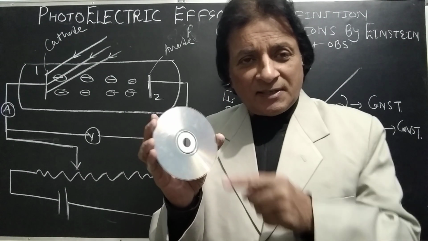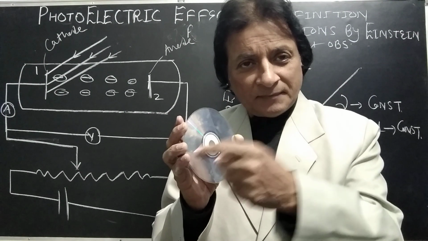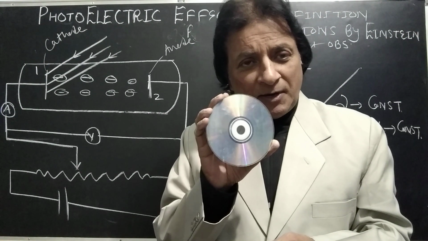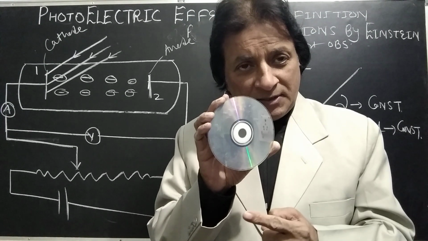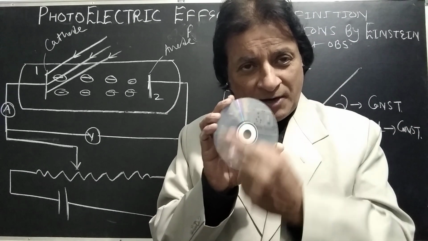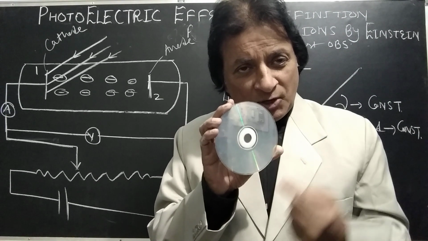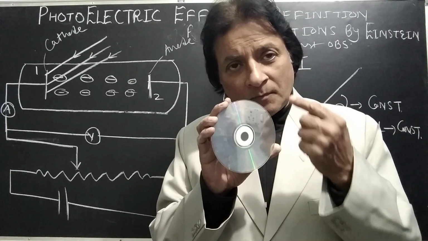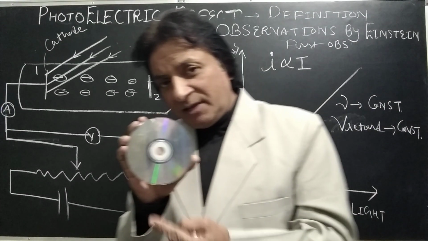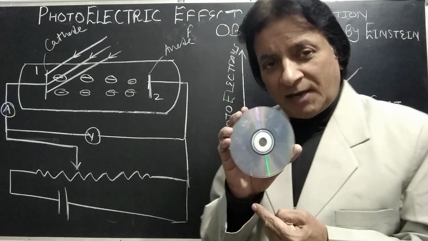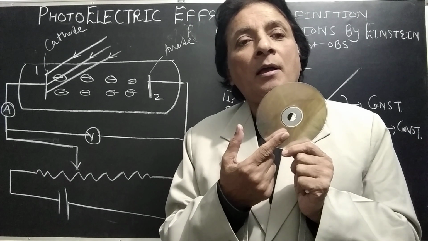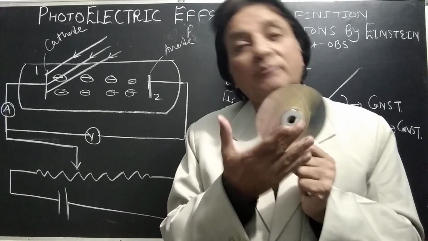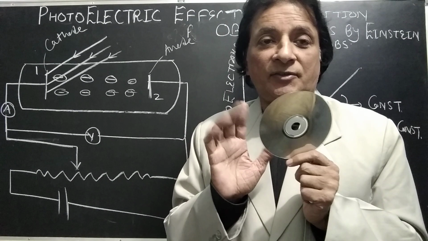If the CD is held perpendicular, the light energy received per unit area, per unit time, when the area is held perpendicular to the path of the light, that is called intensity.